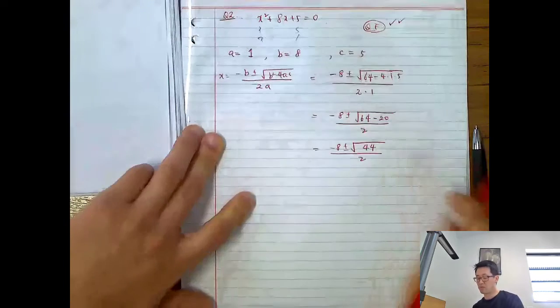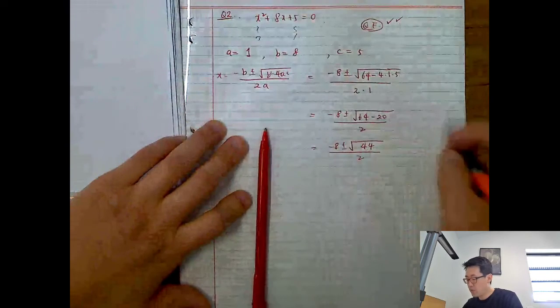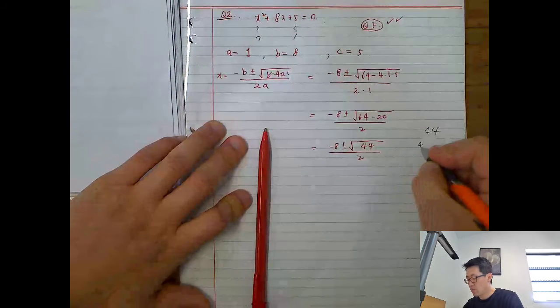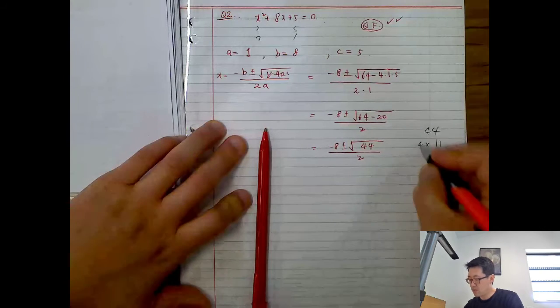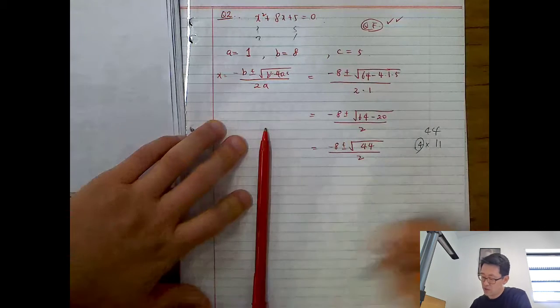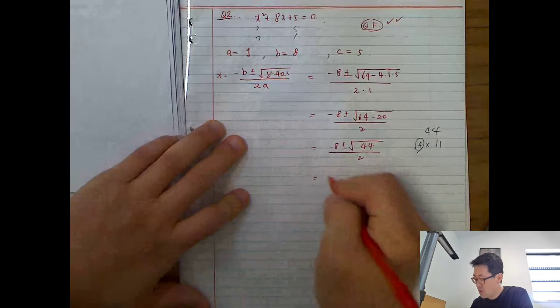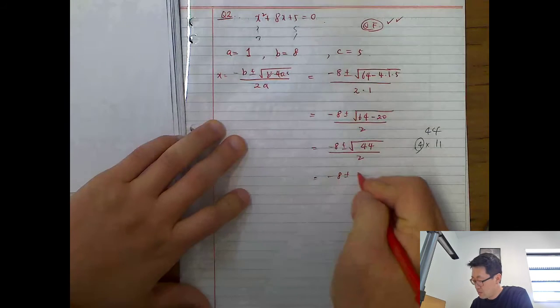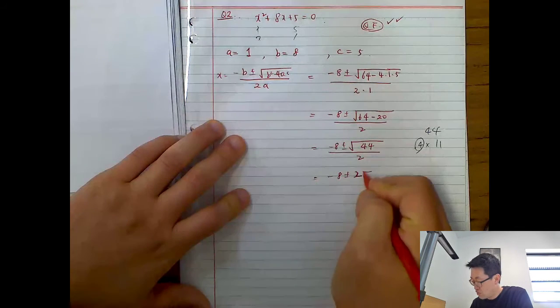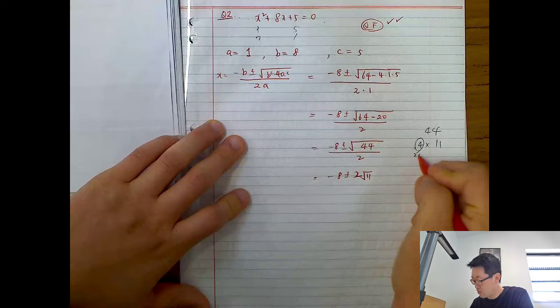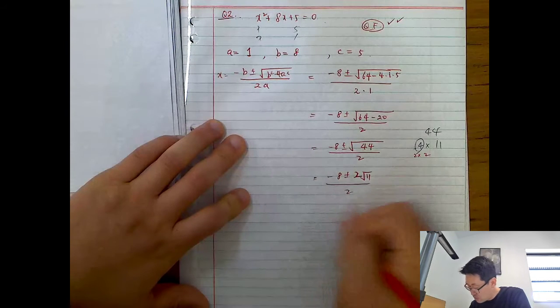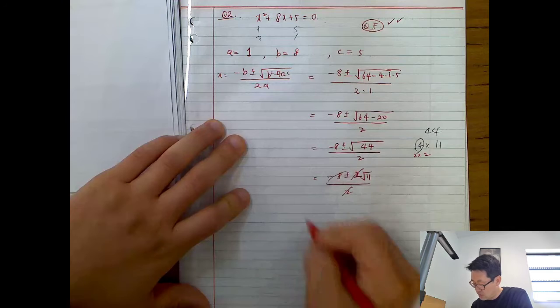Looks like I can simplify with 2. 44 is 4 times 11, so it's 2 times root 11. It can come out. Therefore, minus 8 plus minus 2 root 11 over 2. I'll cancel everything out.